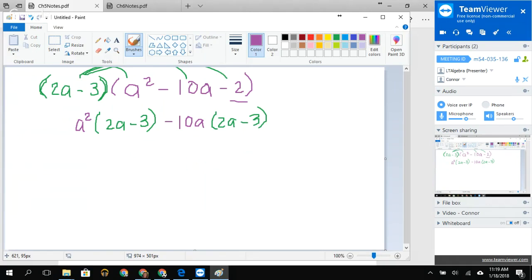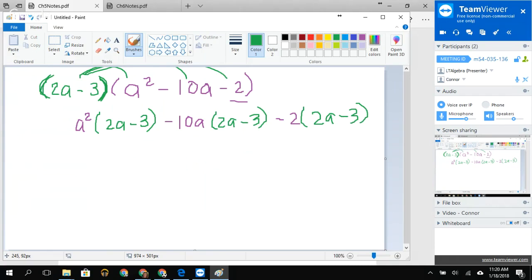And then I have my last term, which is minus 2 times 2a minus 3. So I have to distribute the first polynomial to each term in the second polynomial. Technically, I could distribute the opposite way too. If you really want to, you could do that as well. It would work either way.